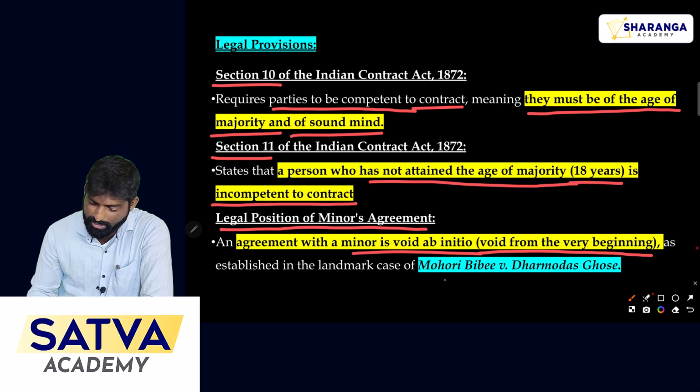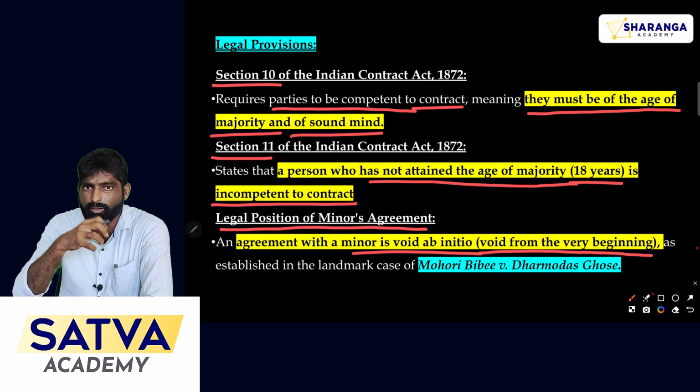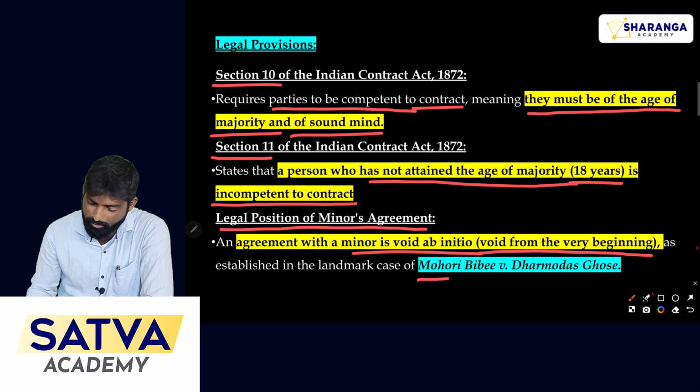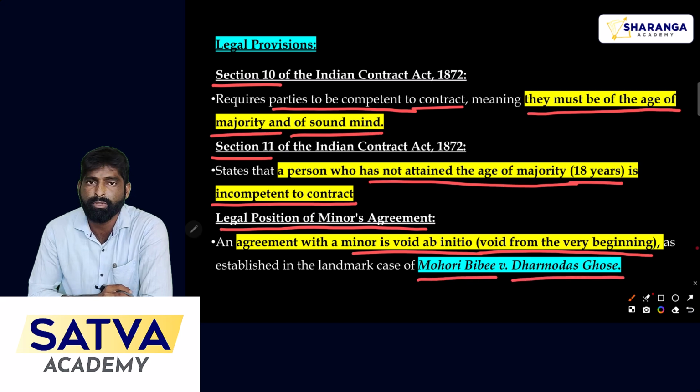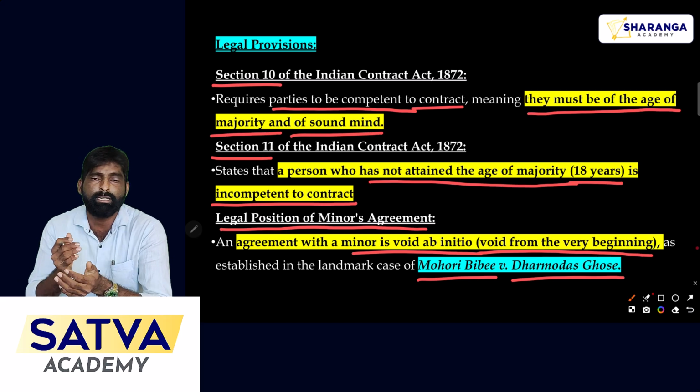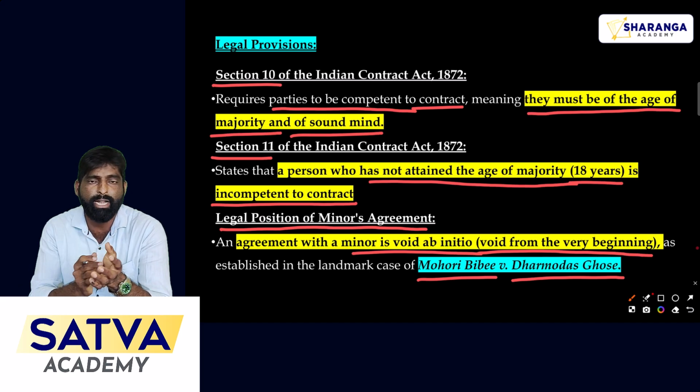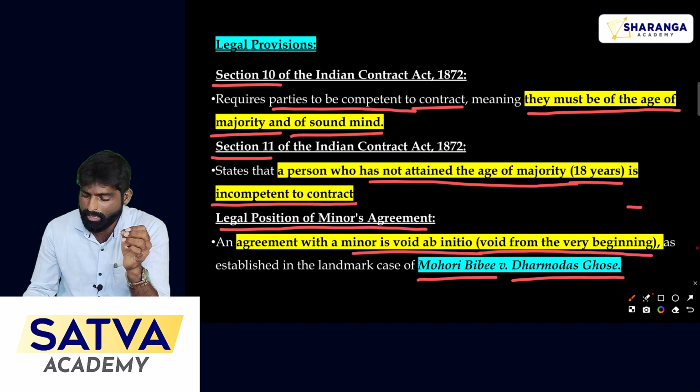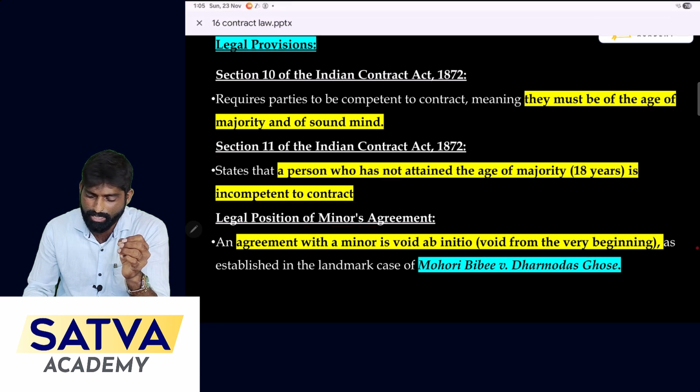And also there is a case similar to the scenario given in the question, that is Mohori Bibee versus Dharmodas Ghose. In that case also, a minor falsely represented himself as a major and made a contract and took a loan. So to make a loan agreement, the minor made a contract by misrepresenting his age to the other party.